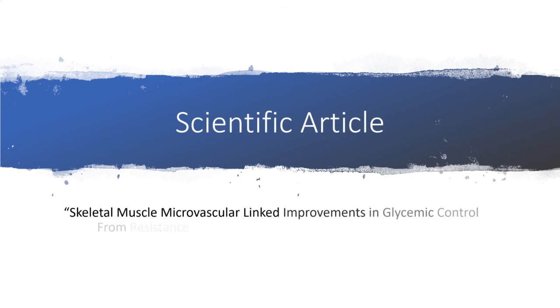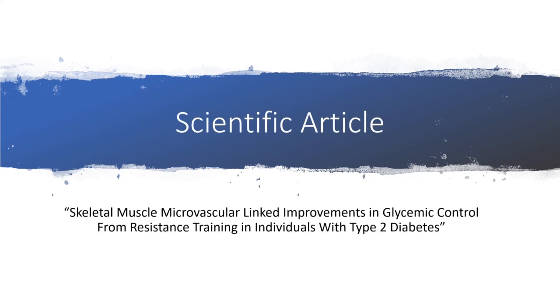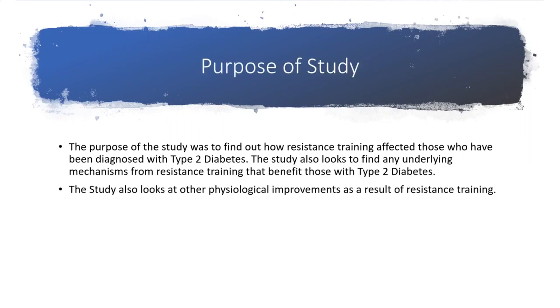So, the scientific article that we'll be going over is called Skeletal Muscle Microvascular Linked Improvements in Glycemic Control from Resistance Training in Individuals with Type 2 Diabetes. The purpose of the study, as I mentioned, was to find the effects of resistance training on those with type 2 diabetes.